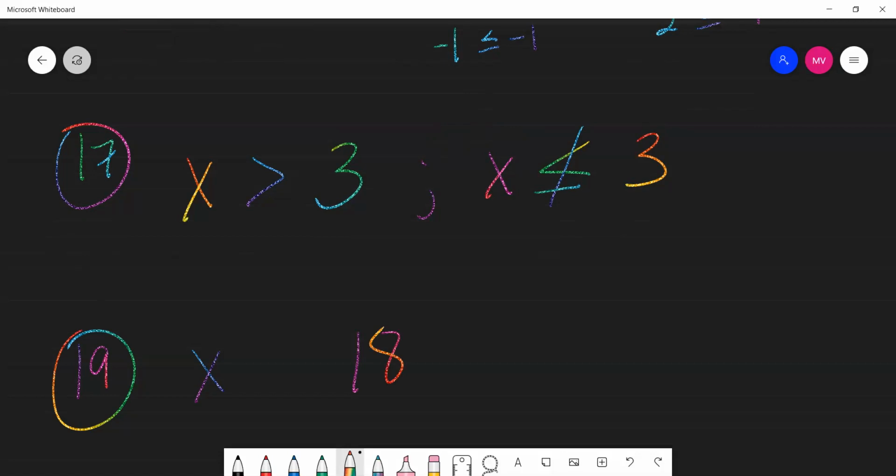And is x less than, equal to, greater than, equal to, less than, or greater than? So it's greater than. Does it include 18? Or greater than or equal to? All right, so what's the negated inequality to this? If x is greater than or equal to 18, then it is not less than 18.